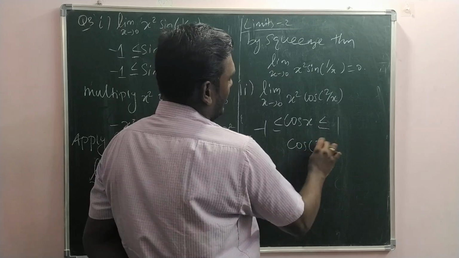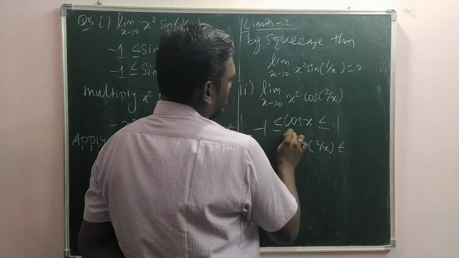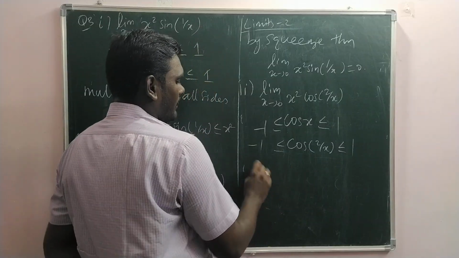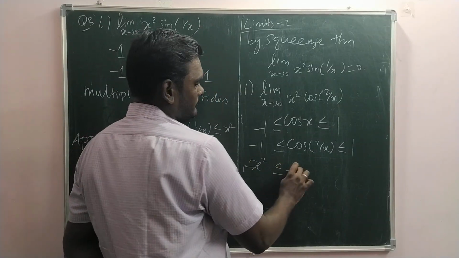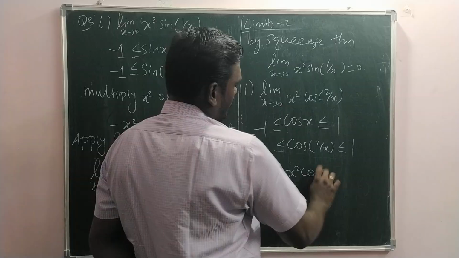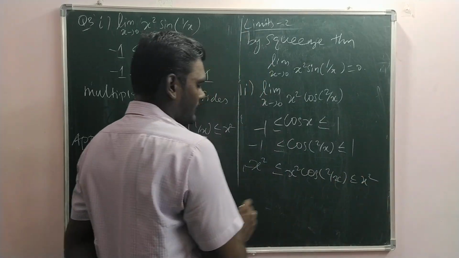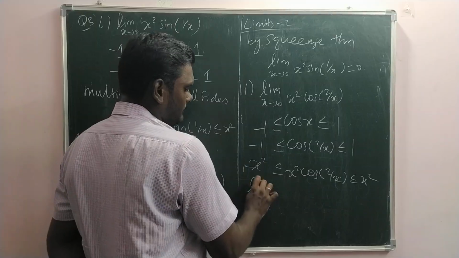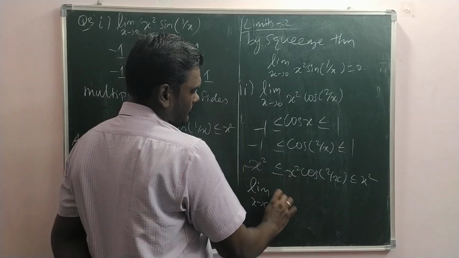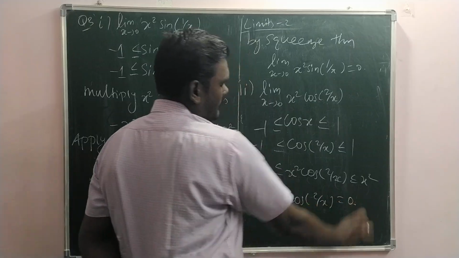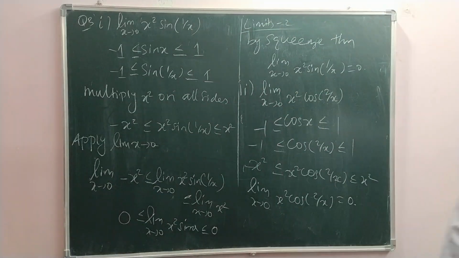Then the same way cos of 2 by x, that is also from minus 1 to plus 1. Then we can multiply x square. Then limit x tends to 0, this is 0.